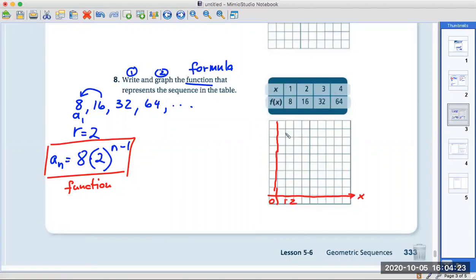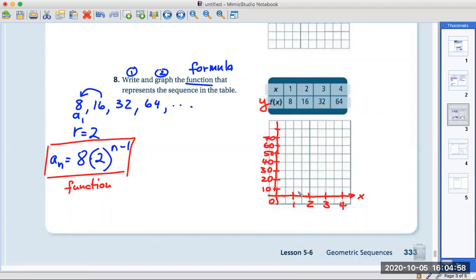On the x, I only have to go to 4, so I'm gonna go by 1s: 1, 2, 3, 4. On the y, I have to go to 64, so that makes it harder. I'm gonna go by 10s: 10, 20, 30, 40, 50, 60, I'll go to 70.